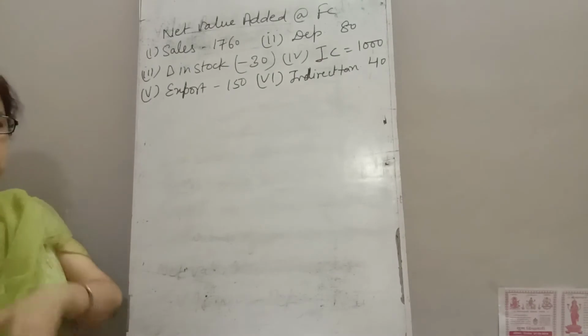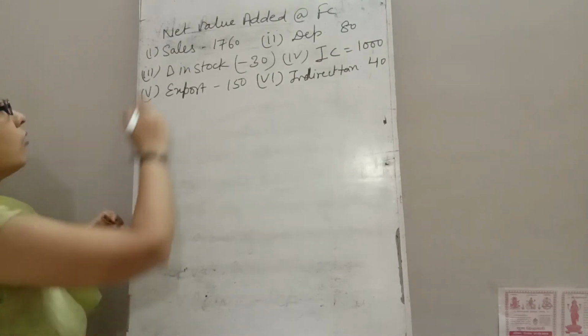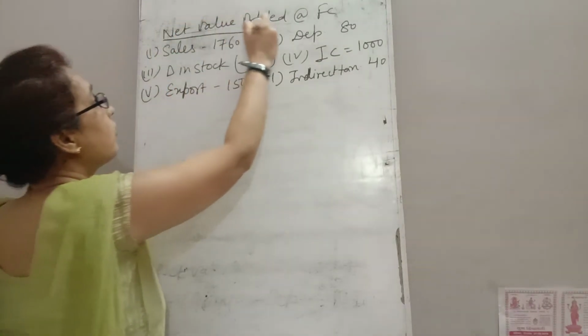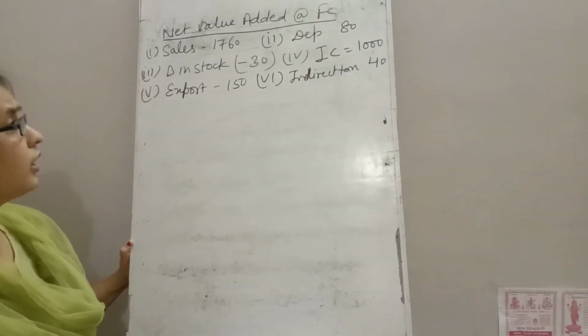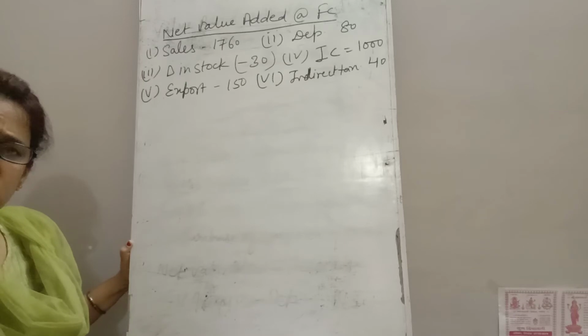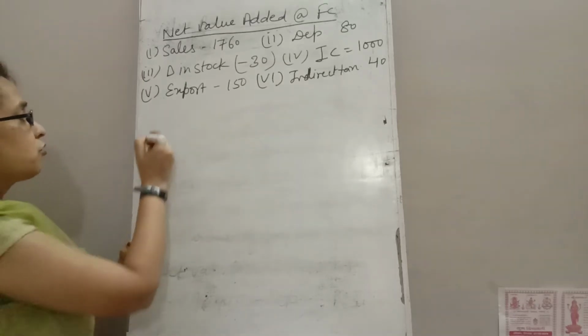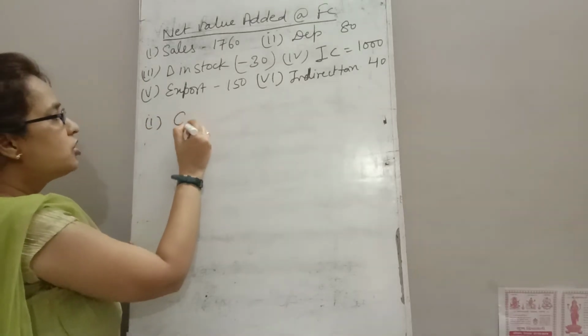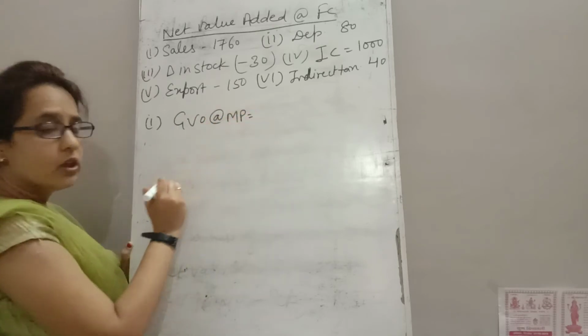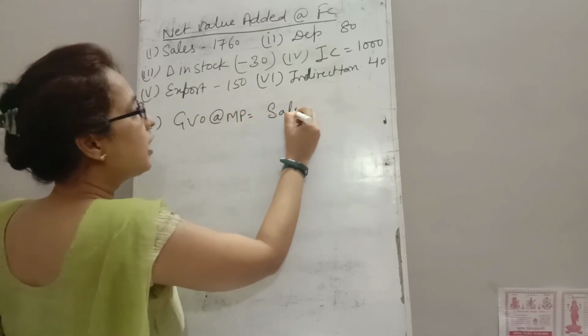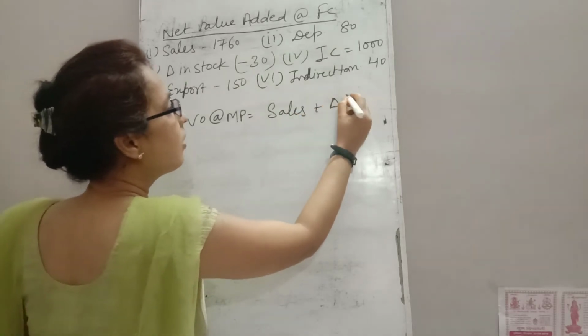Now in this question, just see what we have to add to calculate net value added at the rate of factor cost. Before calculating, you just write the formulas. First formula which I told you: GVO at the rate of MP. All of you know the formula: sales plus change in stock. Right, I told you only.